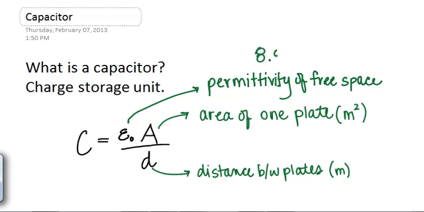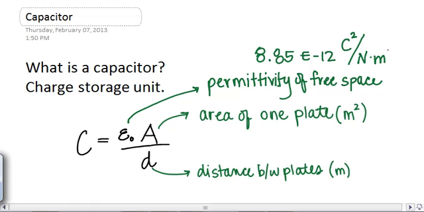It's 8.85 times 10 to the negative 12, and its units are Coulomb squared per Newton meter squared. So I'm giving you the units there so that we can work our way back to figure out what is the unit for capacitance.